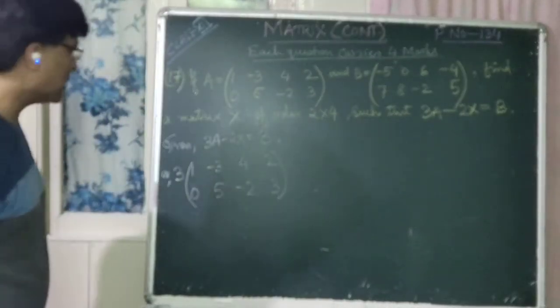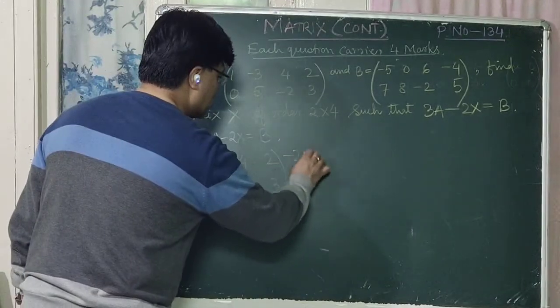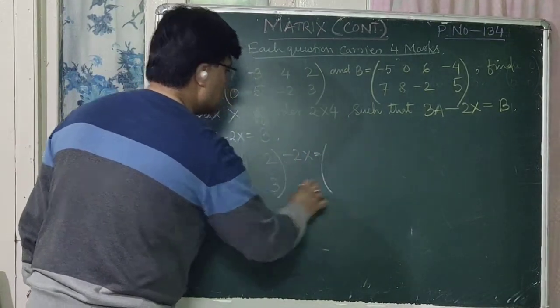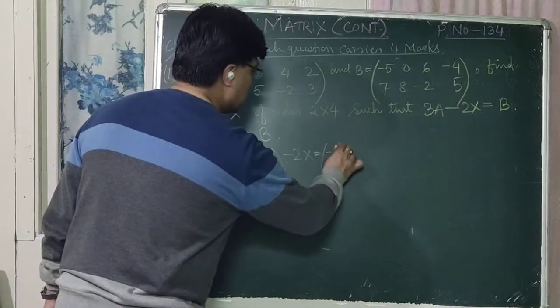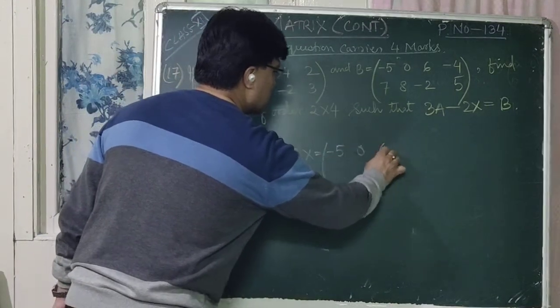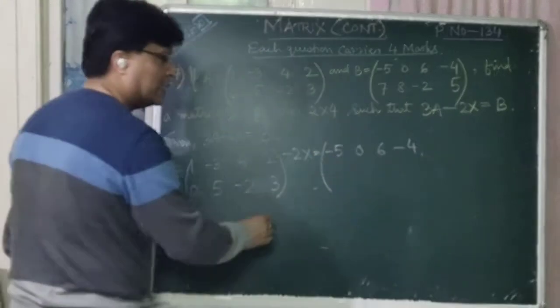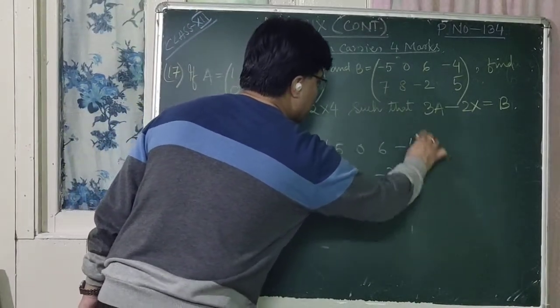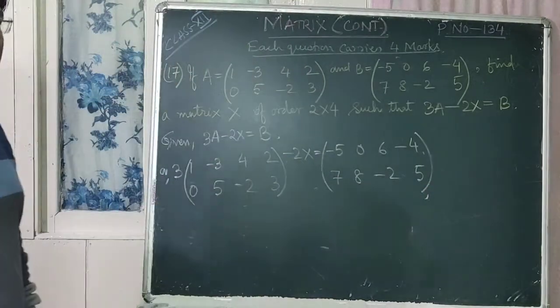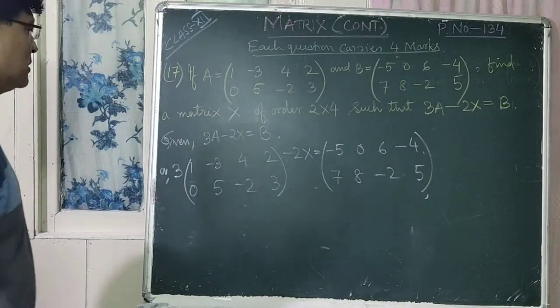This is the given matrix A. Minus 2X is the unknown matrix. Again you write down the matrix B. What is it? It is minus 5, 0, 6, minus 4, and next one is 7, 8, minus 2 and 5. This is the given matrix B, right?